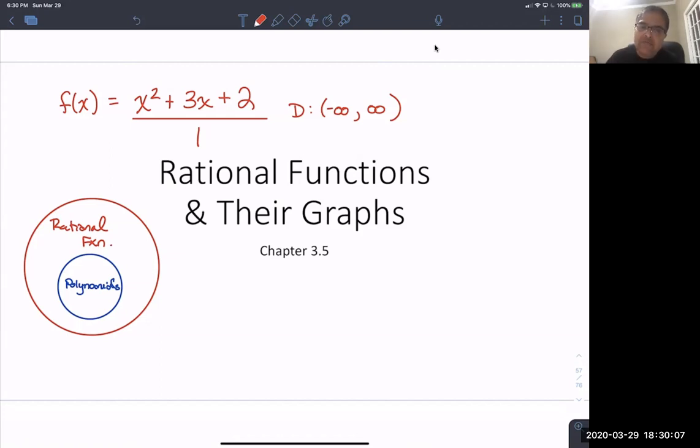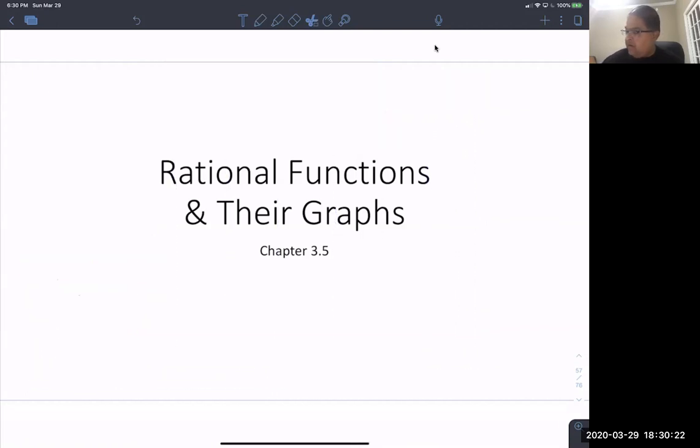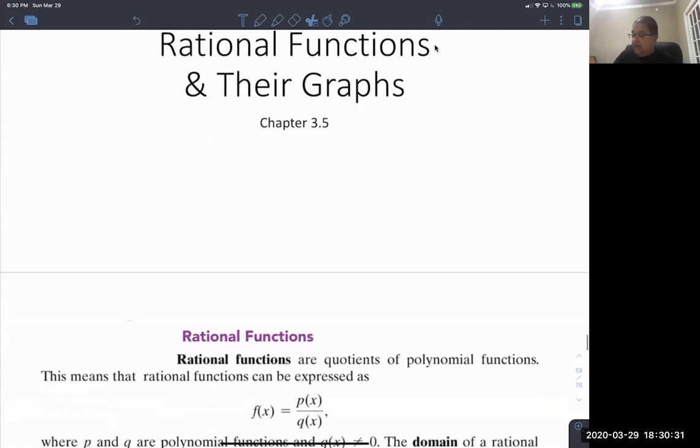With all rational functions, the domain is not necessarily all real numbers, and we have inconsistencies throughout the graph of that function. And we're going to get into that in a minute in our discussion with rational functions. So take home point, a rational function is any function that can be written as a fraction.